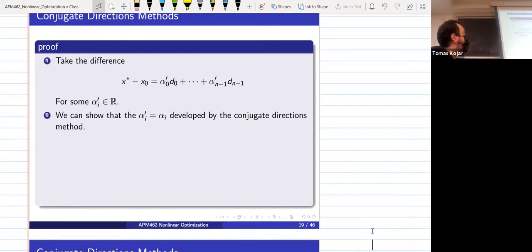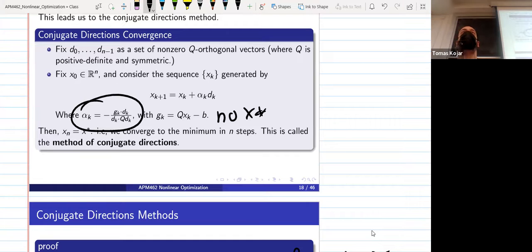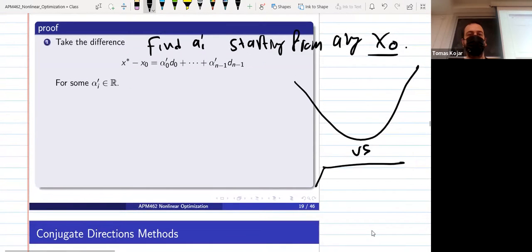The whole strategy is to prove that these A_i primes are given by these A_i. Once I do that, it tells you that to find the minimizer, I just have to compute these numbers. Please note, there is no x star in A_k. There's no x star here. Here there is x star. So in theory, these A primes depend on x star.